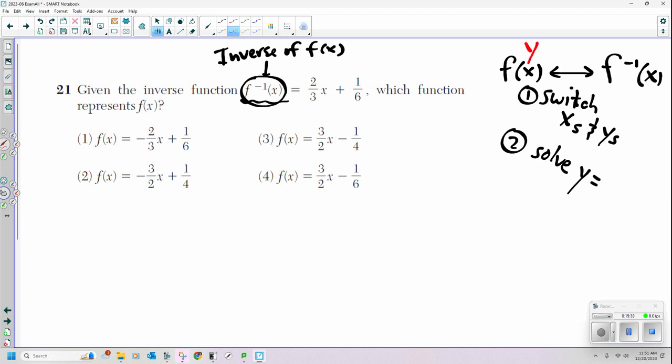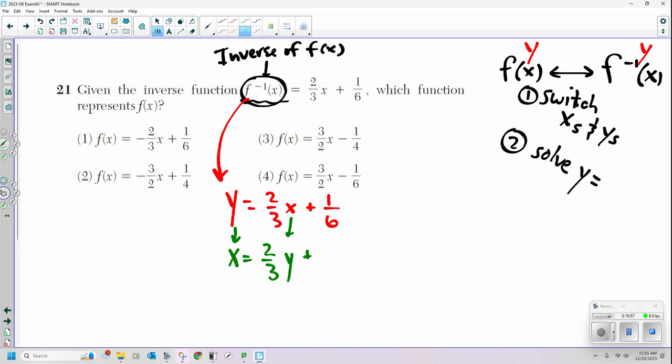So if I rewrite this, I really have y equals 2/3 x plus 1/6. I'm literally going to switch all my x's into y's and all my y's into x's. So this will become an x times 2/3, this will become a y, plus 1/6. That's the only thing I change.